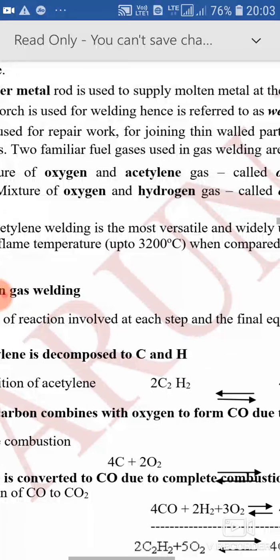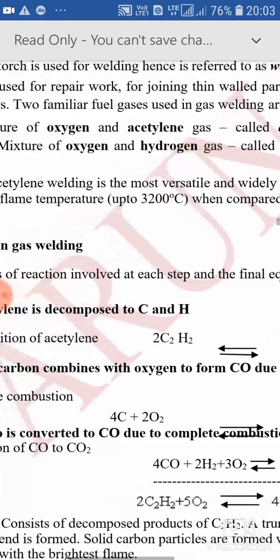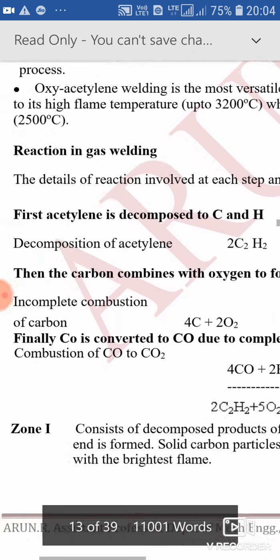Two familiar fuel gases used in welding, as I already told you, are oxygen and acetylene, and oxygen and hydrogen. In the acetylene welding process, the temperature is around 3200 degrees centigrade.